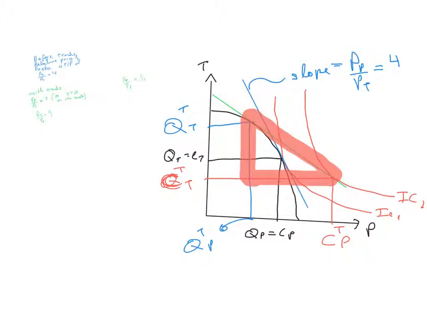So here we get the exports given by this region. These are the exports of togas, and the imports are given by this region. So these are my imports, and these are my exports of toga.